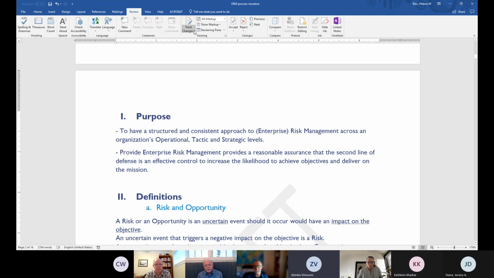Understood, Cello. So if I'm saying provide enterprise risk management methodologies. Yes, that's good. This is excellent. As an effective control to increase the likelihood to achieve objective and deliver on the mission. Does it help? Excellent. Maybe it's covered by methodologies, but it's methodology and a business process.